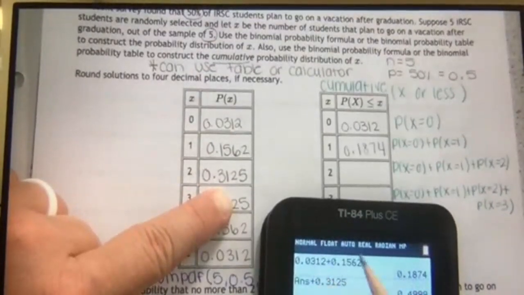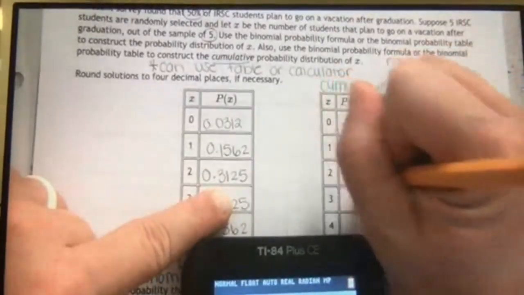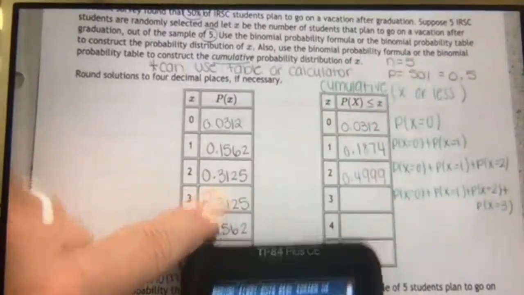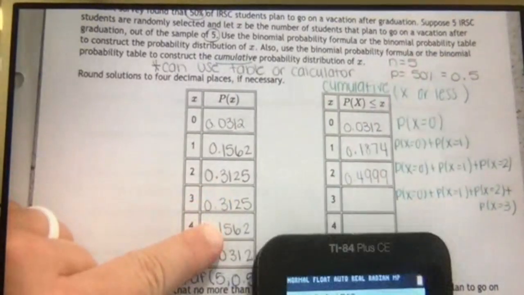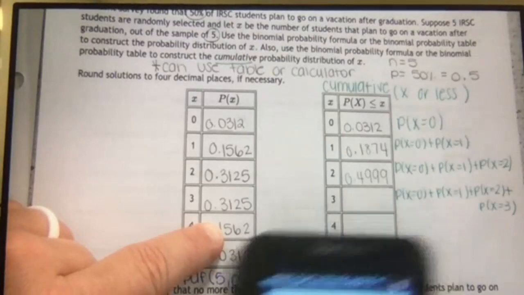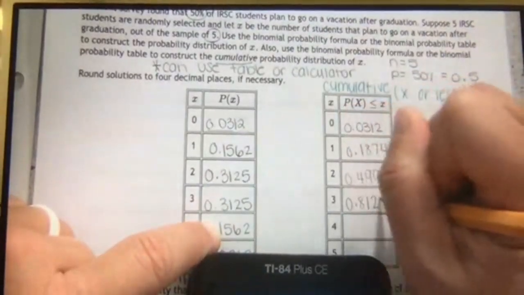Remember, this is when x is 0, 1, and 2. That gives 0.4999, plus when x is 3, 0.3125, which gives 0.8124.